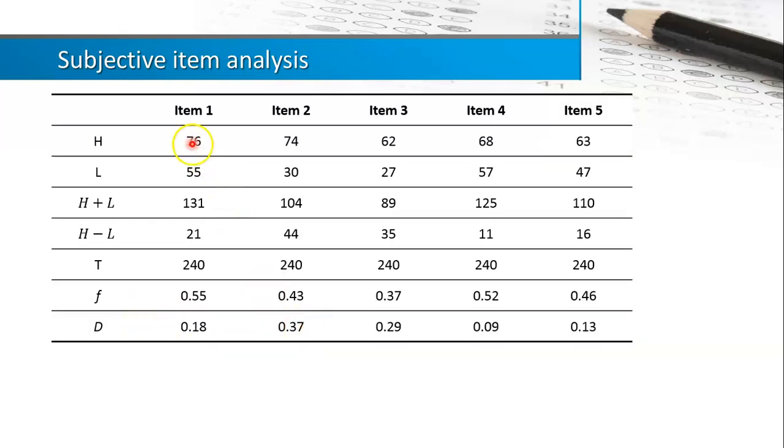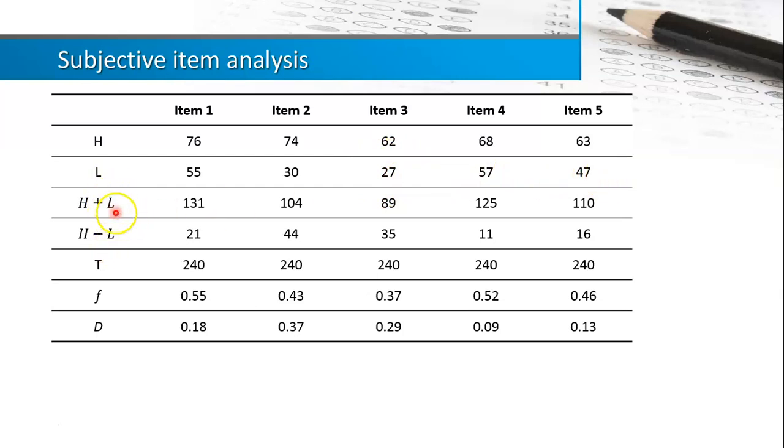So we can calculate H: 76, 74, 62, 68, and so on. For L, item 1 is 55, item 3 is 27, and so on.